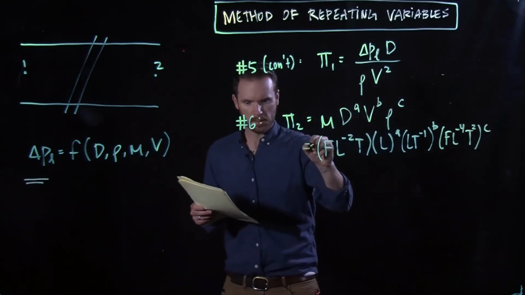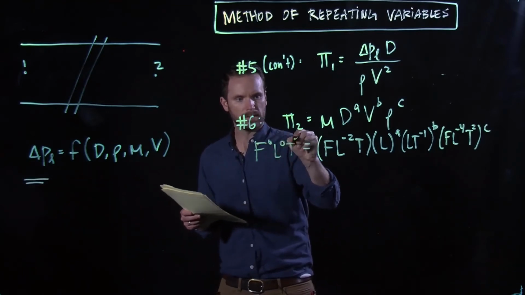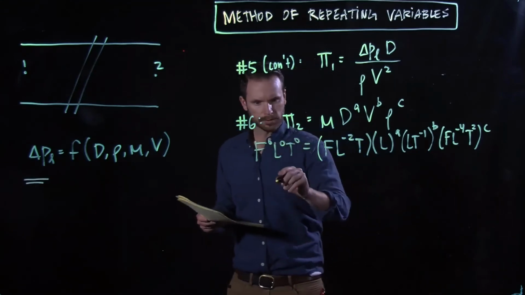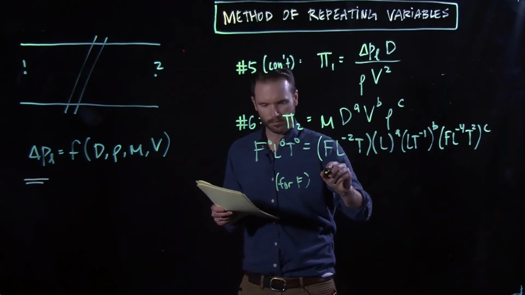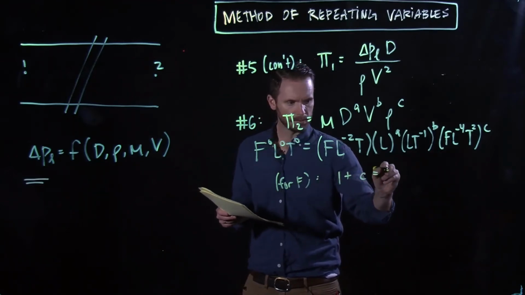And this is going to be equal to F^0 L^0 T^0, because we are trying to make this dimensionless. You go through the same exercise for each of the basic dimensions. So for force, we've got 1 plus C is equal to 0.